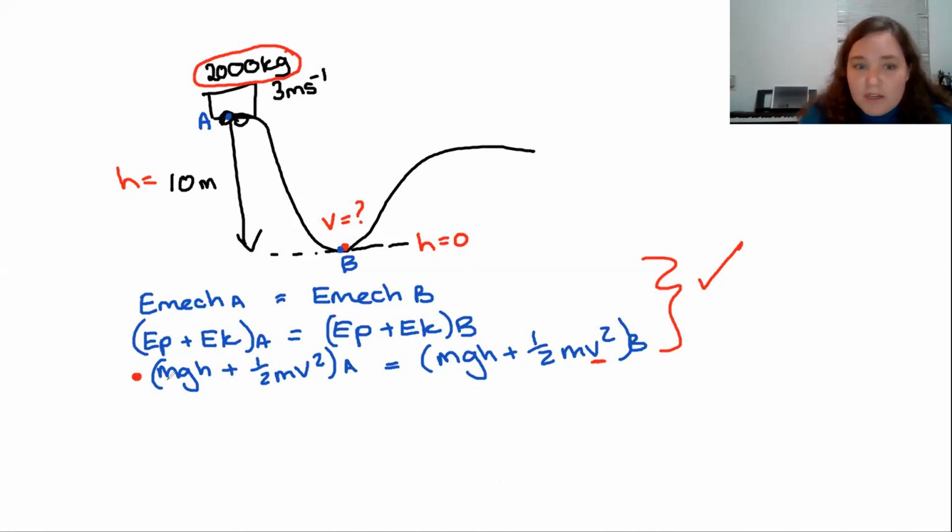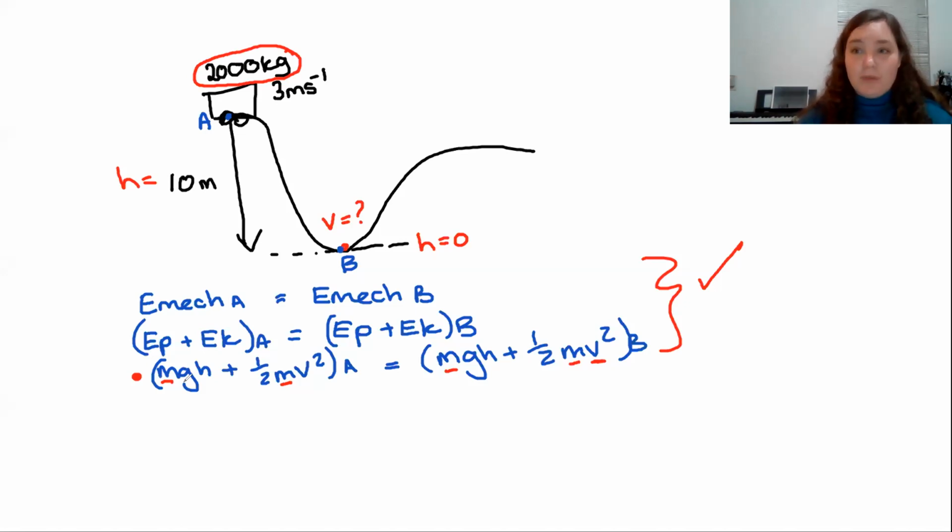I hate to tell you, but since there's an M there, there, and there, the masses are going to cancel out. If you are scared because you don't know what the mass is, just stick in a value M and trust that it will make itself go away. You'll be able to cancel M from both sides and it'll be gone. A lot of people get very worried on those questions where they don't get given a mass.